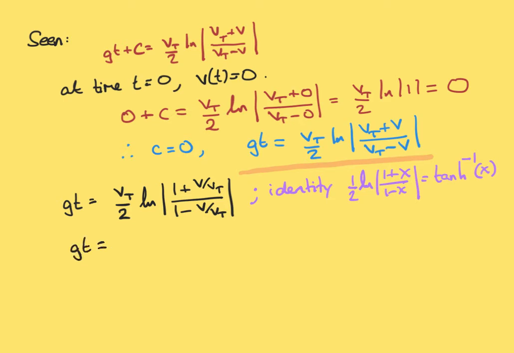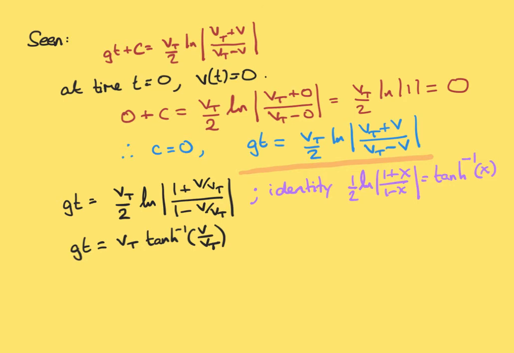is equal to vt, the terminal speed, the factor of 1/2 outside, the 1 over 2 here, is used in our identity, and that's times tanh to the minus 1 of v over vt. This ratio of speeds, the speed at time t divided by the terminal speed.